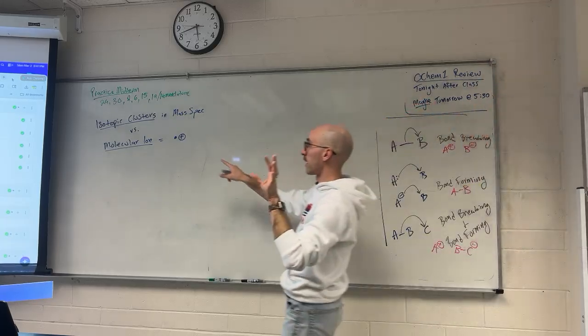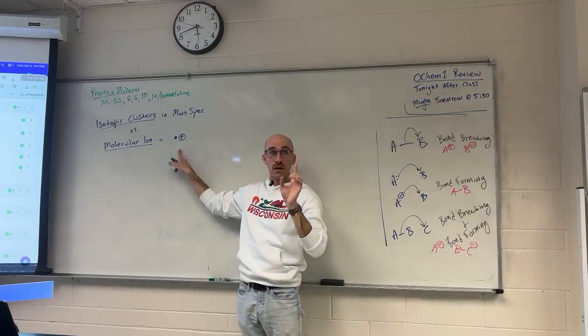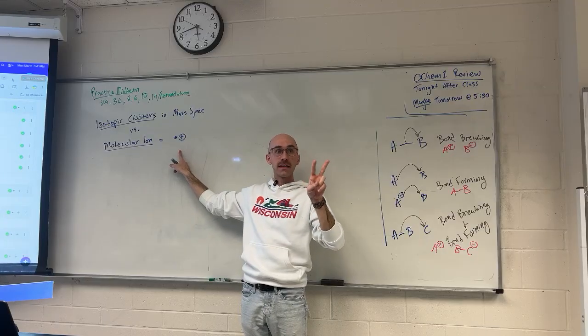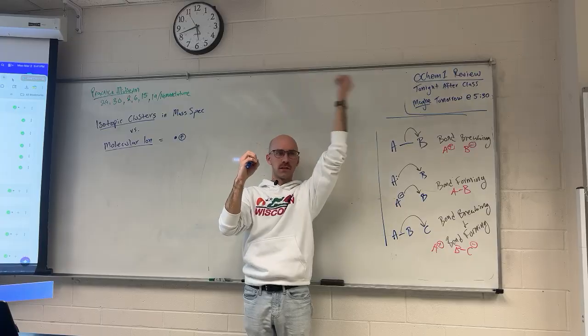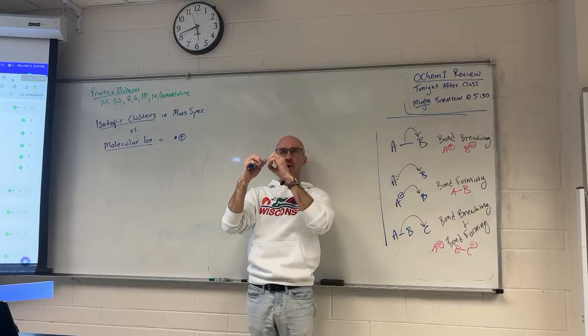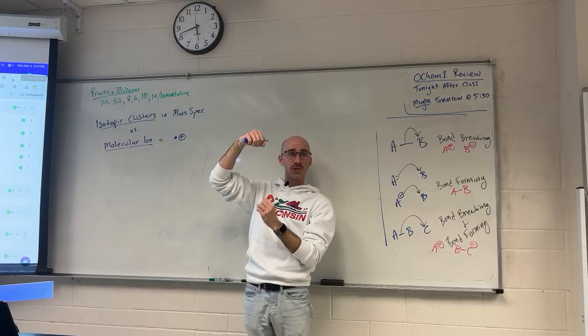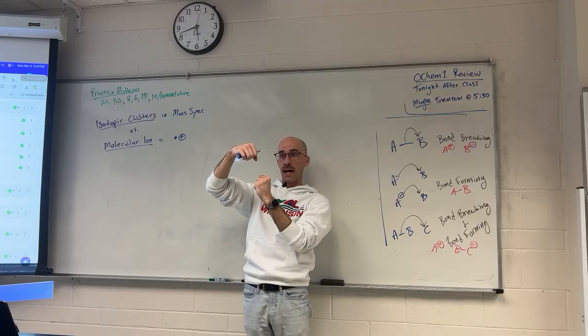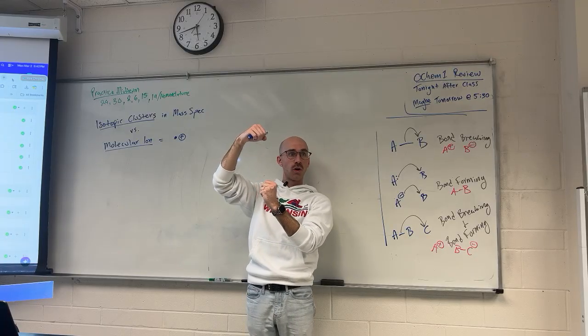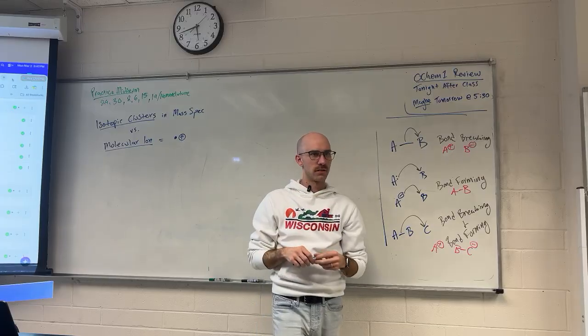But the molecular ion always has a radical and a cation, either on one atom, because one of its lone electrons has been lost, or shared between 2 atoms that used to be bonded. A pi bond that has now lost 1 electron, or a sigma bond that has now lost 1 electron.